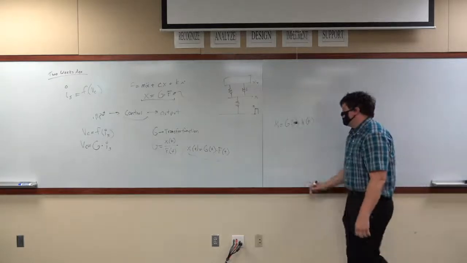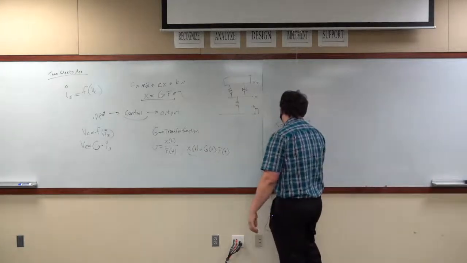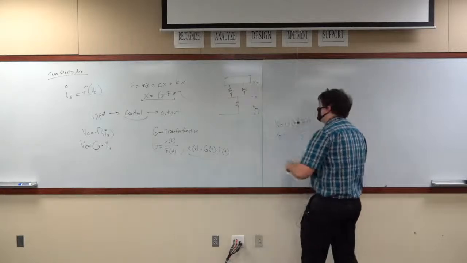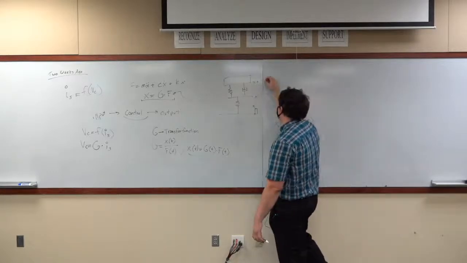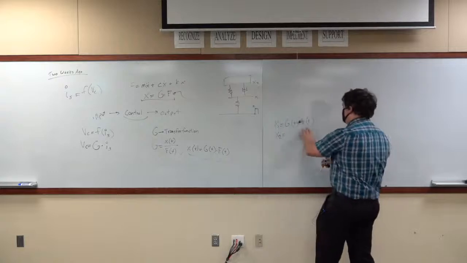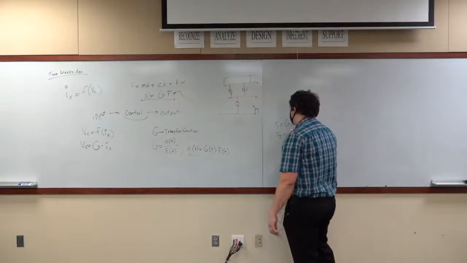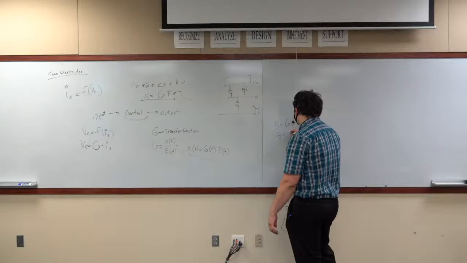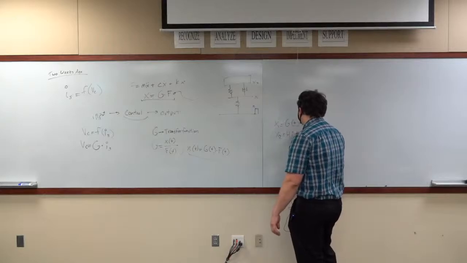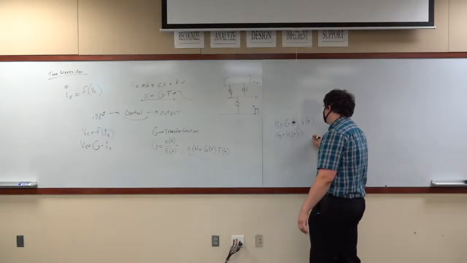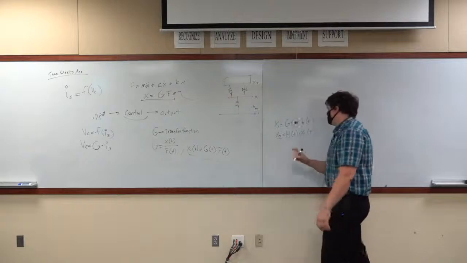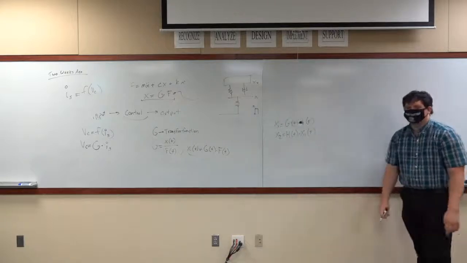Okay? Well, x2 is also going to be equal to some function not just of x1, but also of h. So x2 ends up being some function, we'll call it h of t, times x1 of t. Because really it's the movement of x1 that changes x2.